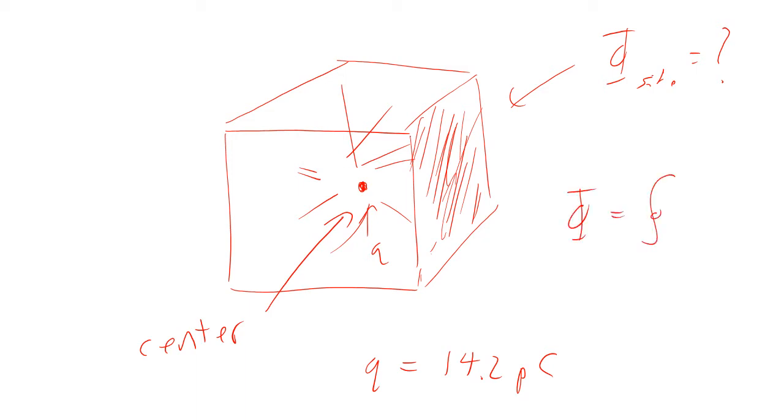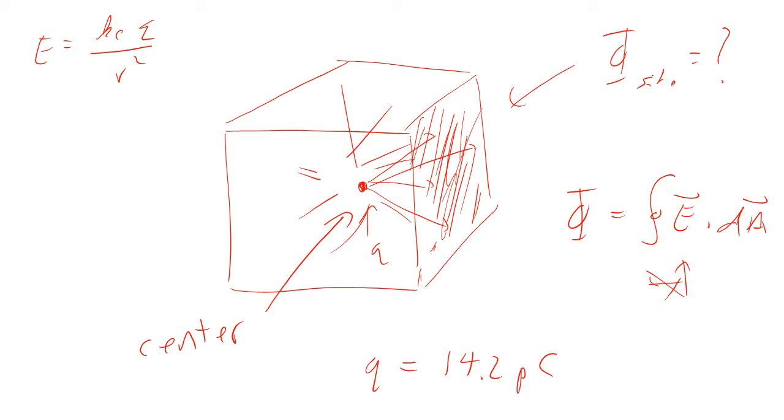that's going to be the surface integral E dot dA. Now, the problem is that as this hits the side, different parts of the side are different distances from the charge. So we know the strength of the electric field is K sub E Q over R squared. So R keeps changing, so that does not come out of the integral.